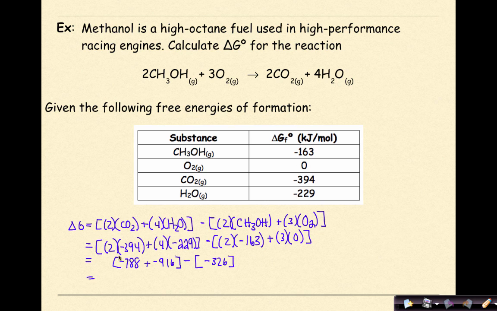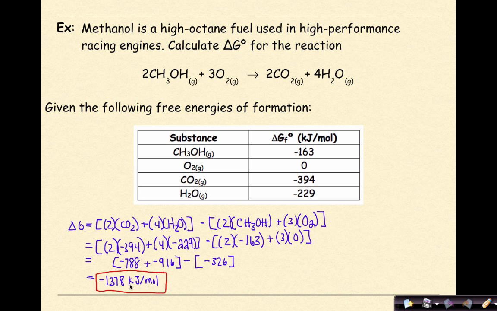So I find that 2 times negative 394 is negative 788. 4 times negative 229 is negative 916. 2 times negative 163 is negative 326. Finally, I'll work out my answer. So my answer is negative 1,378 kilojoules per mole, which means again that this is going to be a spontaneous reaction.